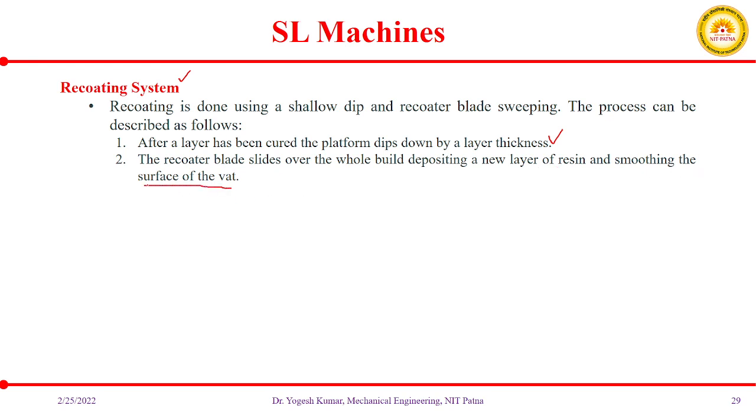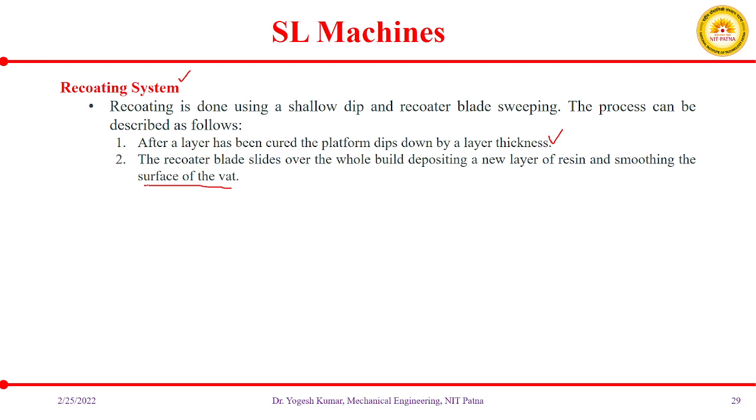Okay, so as I told in the previous slide, when your first layer is solidified, we have to ensure that sufficient resin is available over this solidified layer for accurate, or you can say precise, solidification of the next layer.